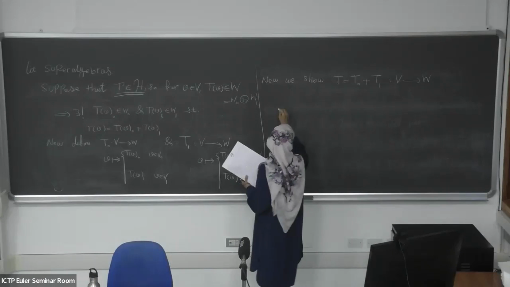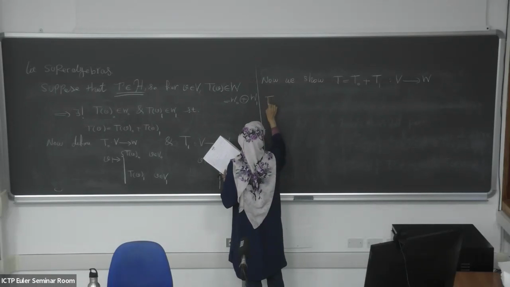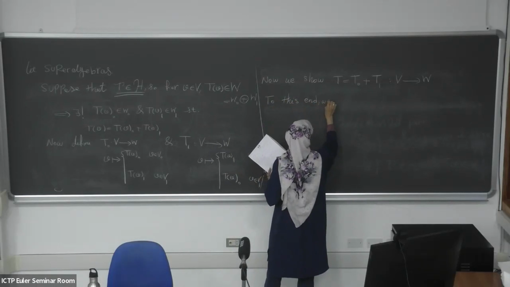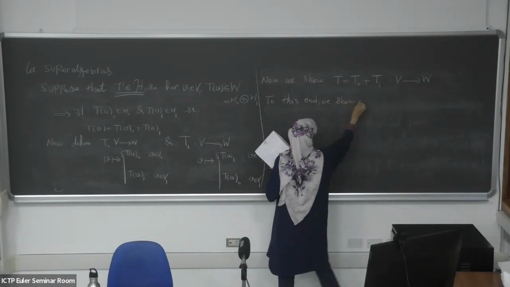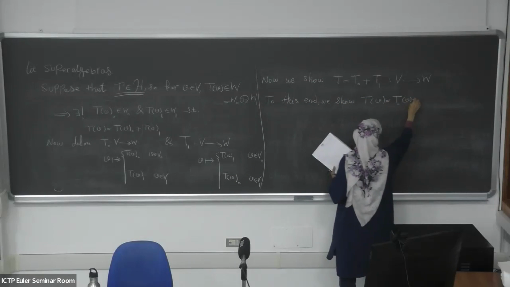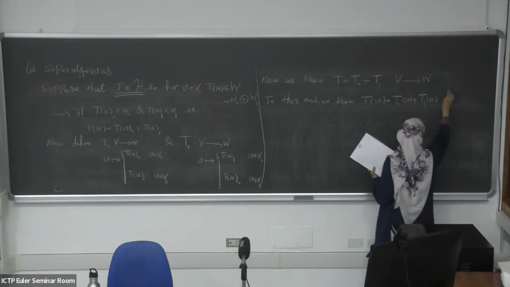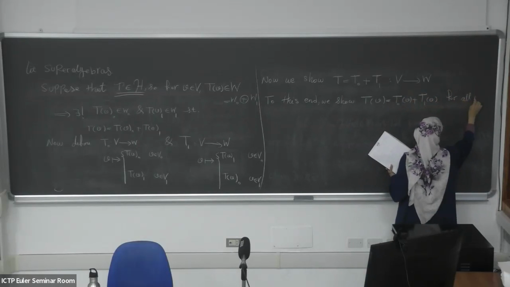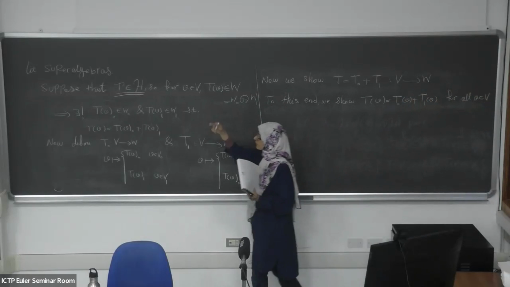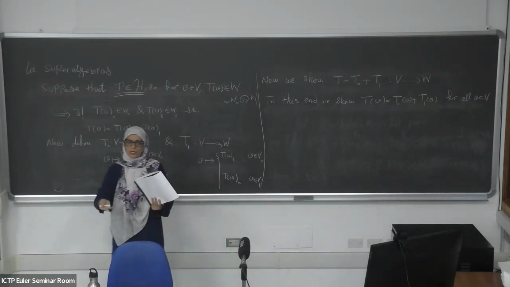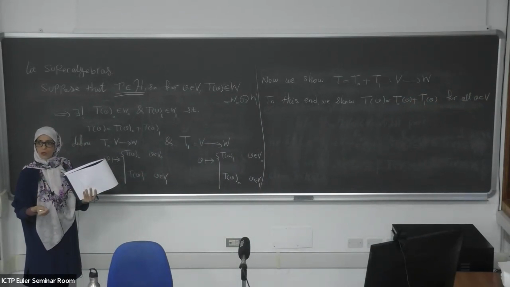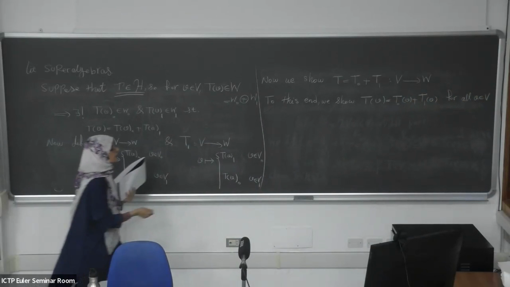Okay, so for all v belonging to V. But V is the direct sum of V0 and V1, so it is enough to show this for v when it is an element of V0 or an element of V1.